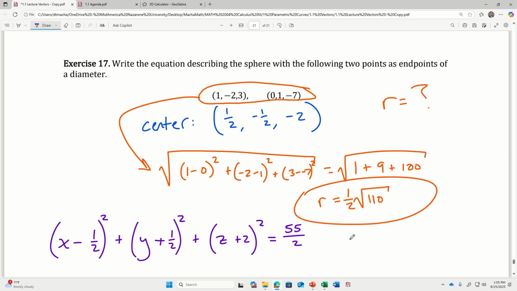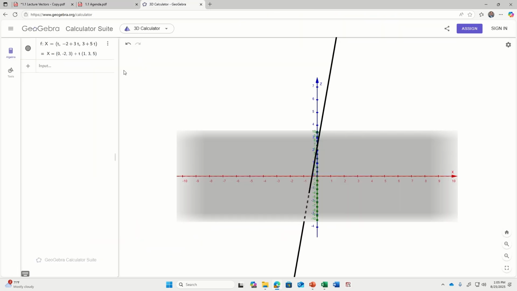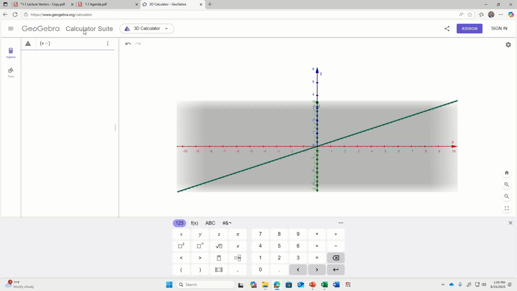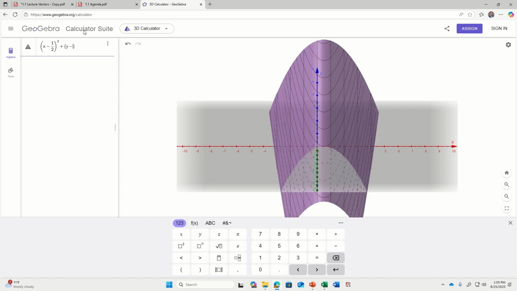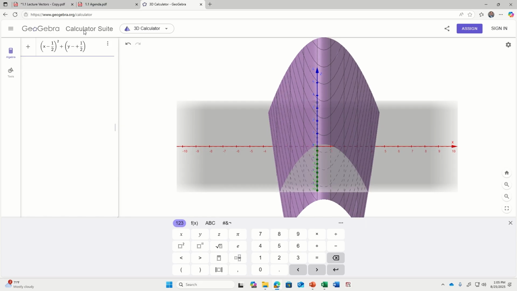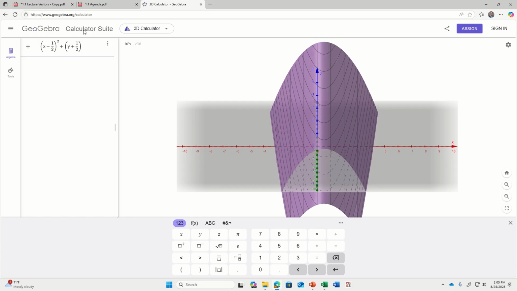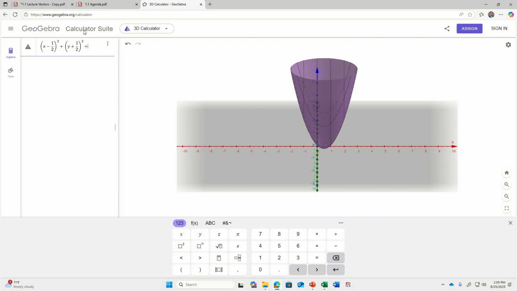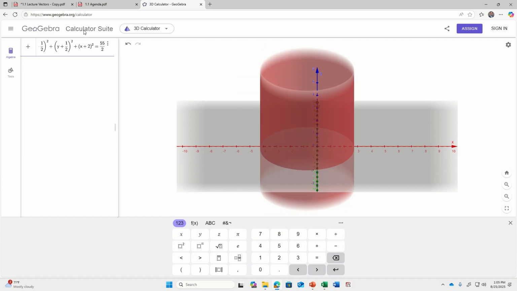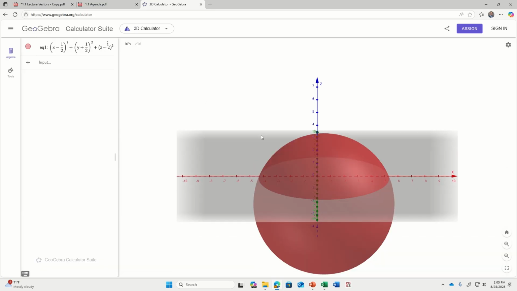Let me go ahead and plot this sphere on GeoGebra, because sometimes that's fun. I can type in x minus 1/2 plus y plus 1/2 squared plus z plus 2 squared is equal to 55 halves. Okay.